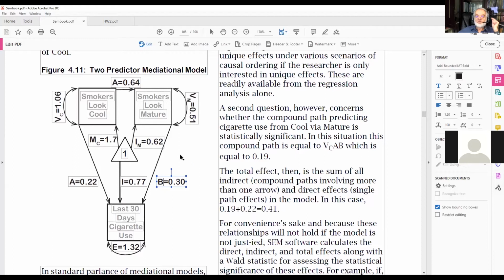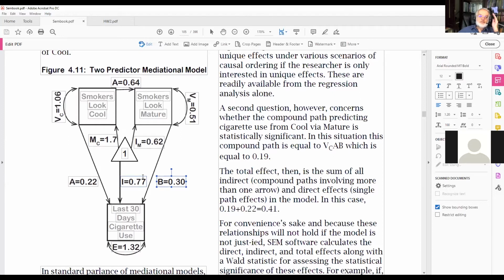The moral of the story here is regression models and structural models can be completely agnostic about the causal assumptions made in the predictors if what is of interest to you is the estimation of unique effects.